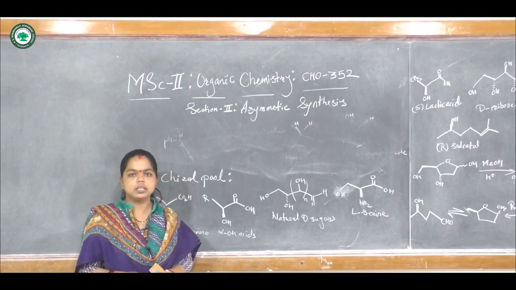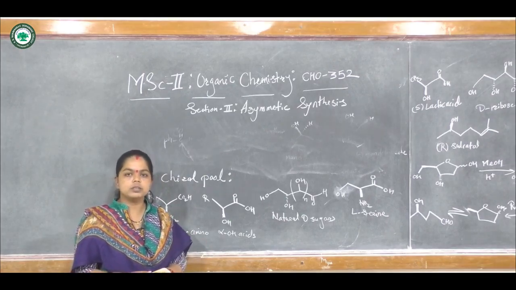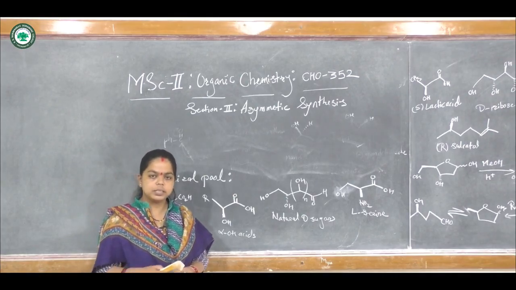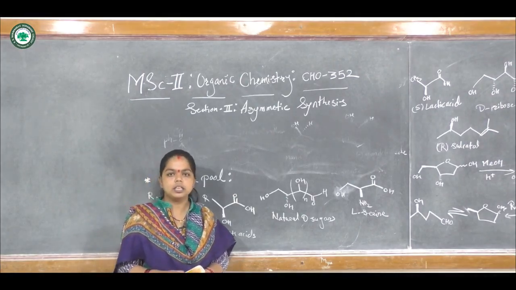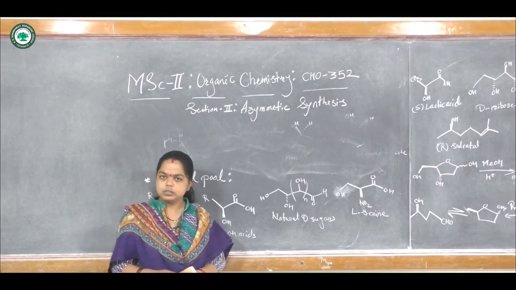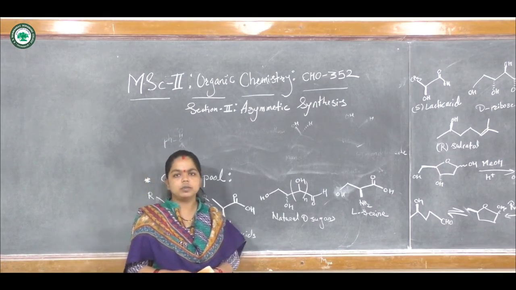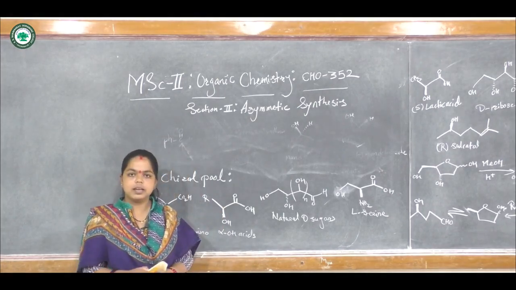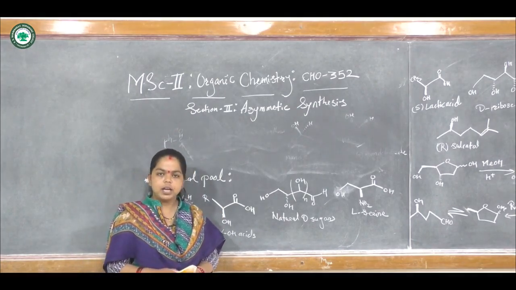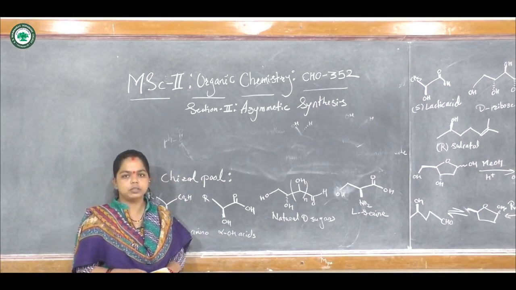They are called the chiral pool. When these types of molecules are used in asymmetric synthesis, it is called the chiral pool strategy. Using chiral pool molecules, the process is very economical because these molecules are easily available and can be easily taken from nature.